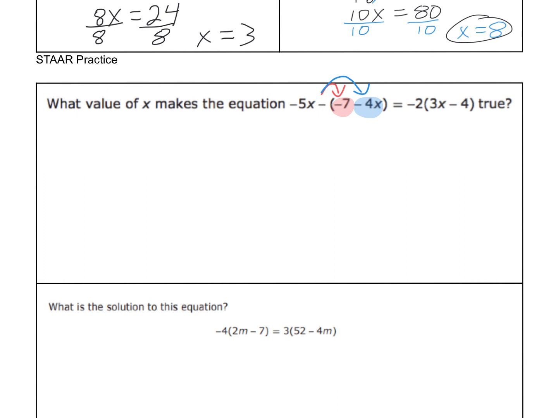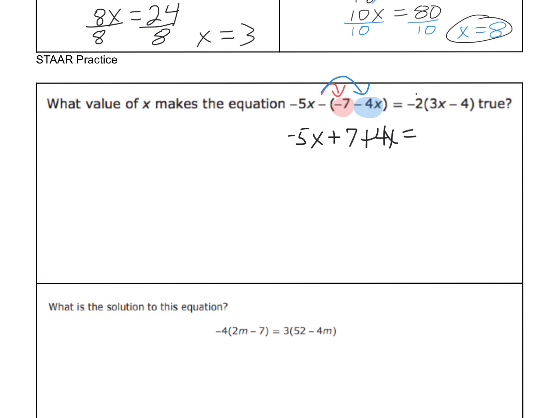Okay, so if I were to rewrite that, that's going to be minus 5x. And then when we do a -1 times a -7, it basically makes that +7. So plus 7. And then -1 times -4x is plus 4x. All right, then I'm going to keep working.